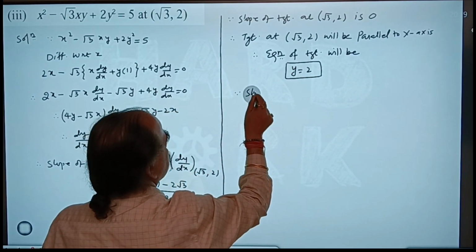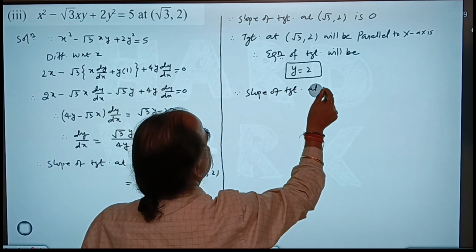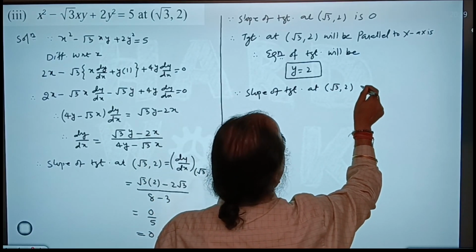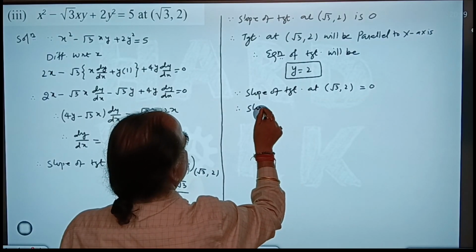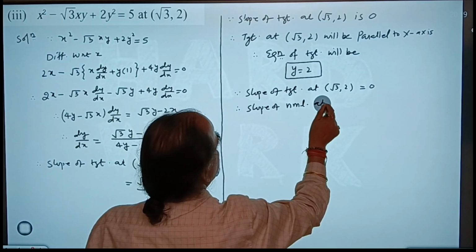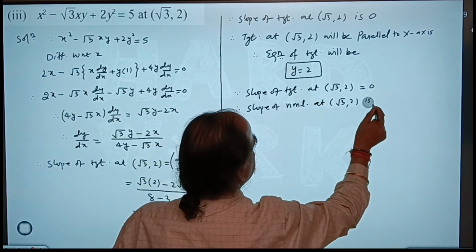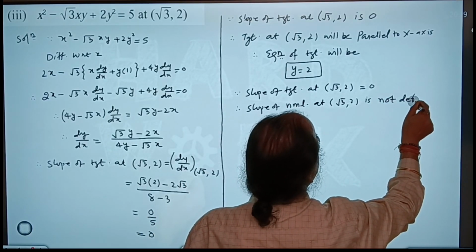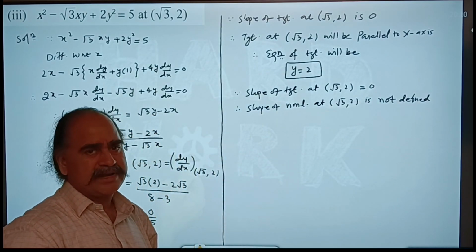Since slope of tangent is 0, therefore slope of normal at (root 3, 2) is not defined. Now slope of y-axis and line parallel to y-axis is not defined.